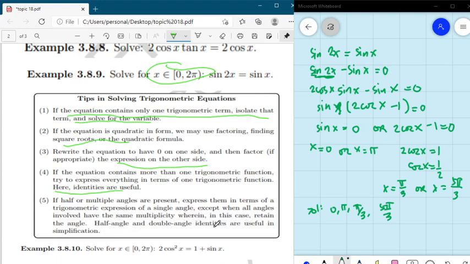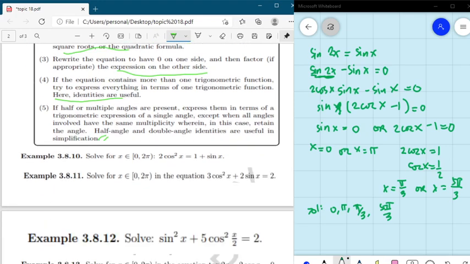Half angle and double angle identities are useful in simplification. So that's why the different formulas from the previous lessons are very important, because that is how the answer results. Okay, so let's proceed.